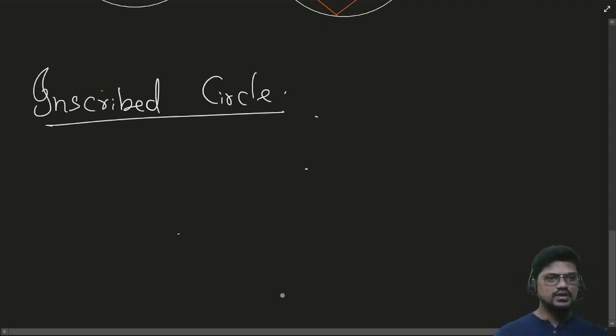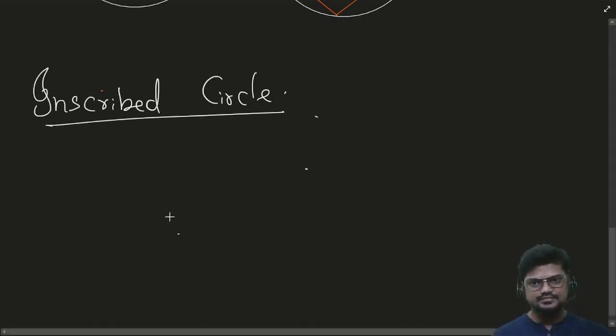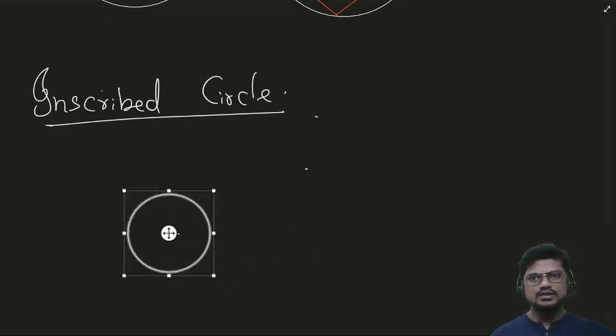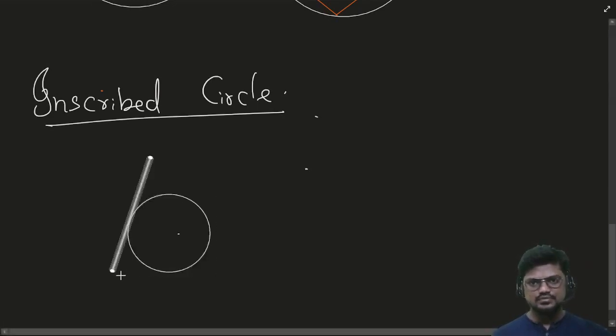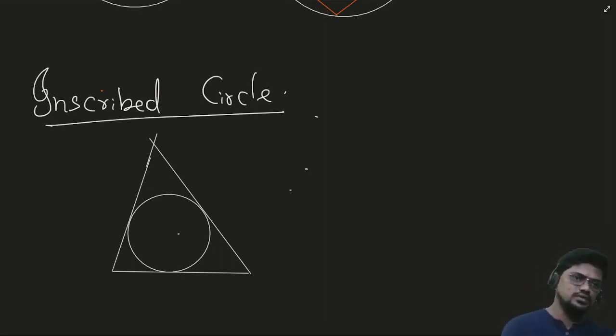When a circle is touching all the sides of a polygon, that means if you have a circle like this, and there is a polygon outside, got it? This is the inscribed circle, where the circle is touching all the sides of a polygon.